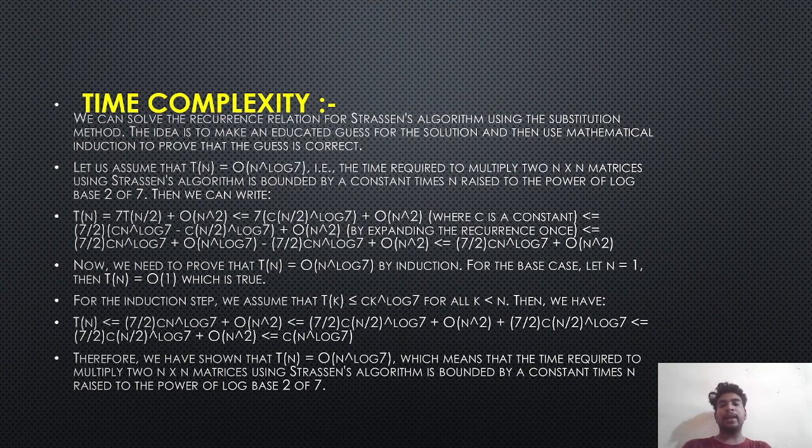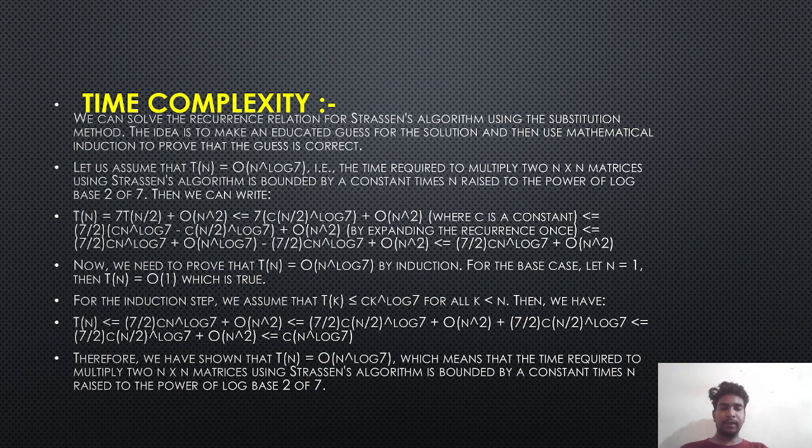Then we can write T(n) equals 7 T(n/2), and similarly we will proceed with the method, and after getting some value, we need to prove that T(n) equals O of n to the power log 7 by induction.